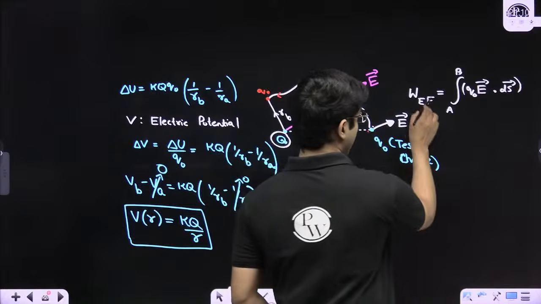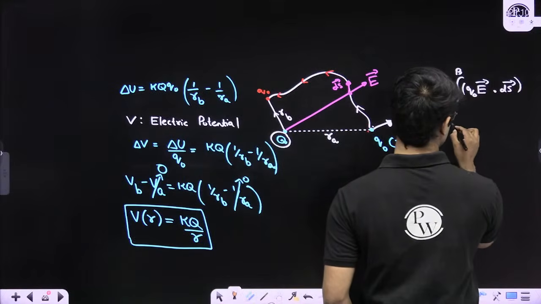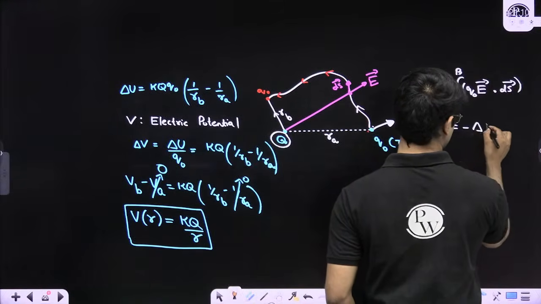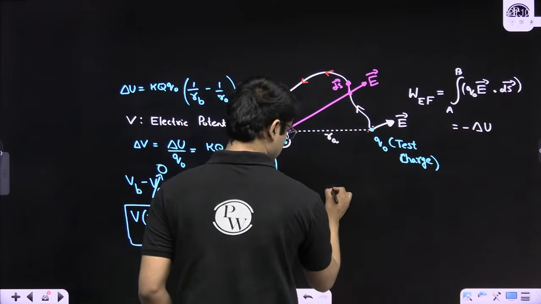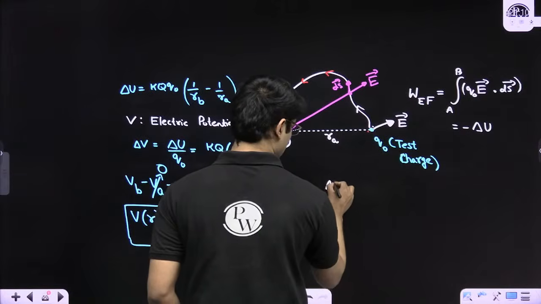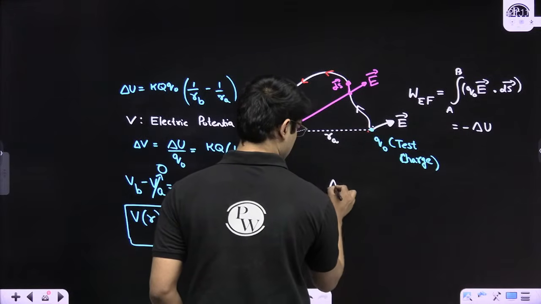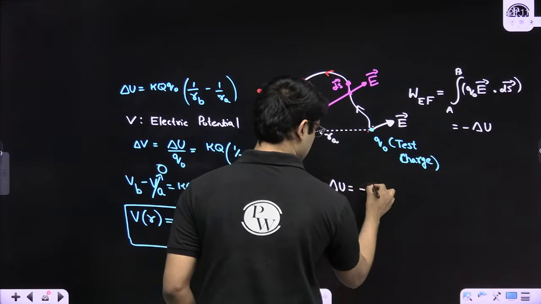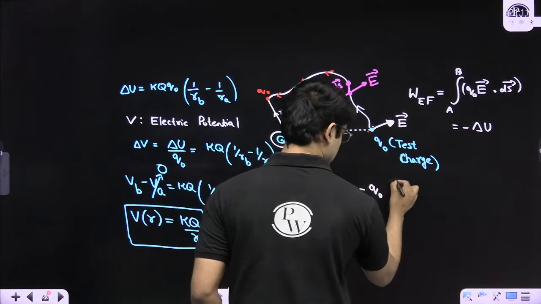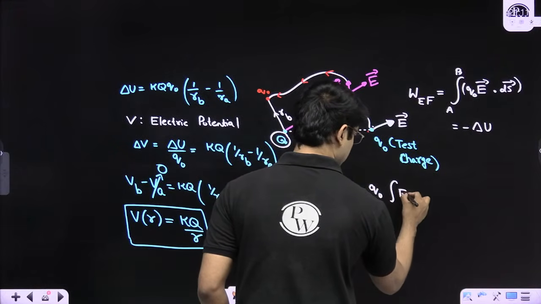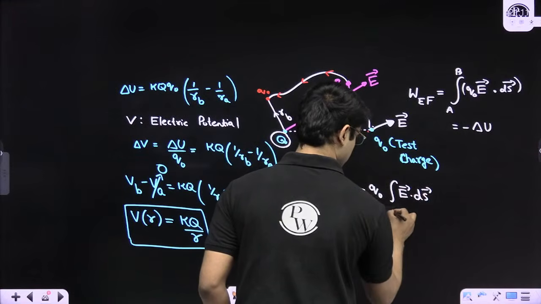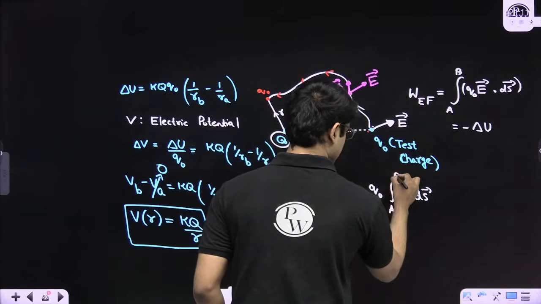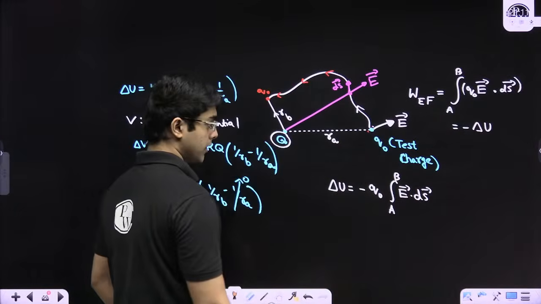Now we can also write this as minus delta U from the first formula. So delta U is minus Q naught, which is a constant so take it outside, integration of E dot dl from A to B. This is delta U, which is UB minus UA.